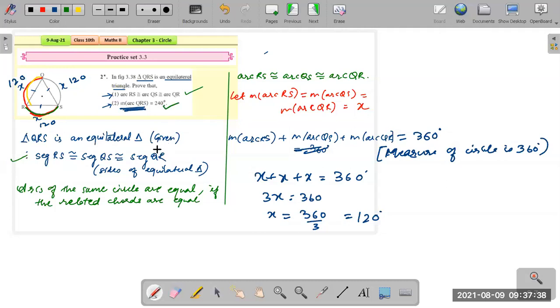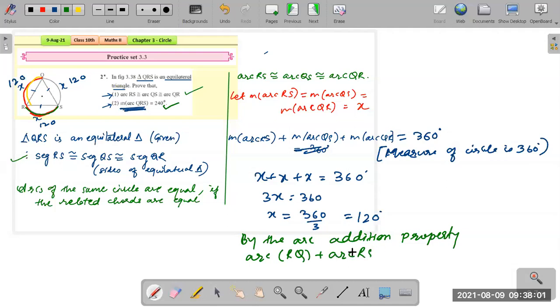All right. So we can simply say by the arc addition postulate or property, what can we say? We can add the arcs, arc RQ plus the arc RS, adding them up, what do we get? The arc QRS.